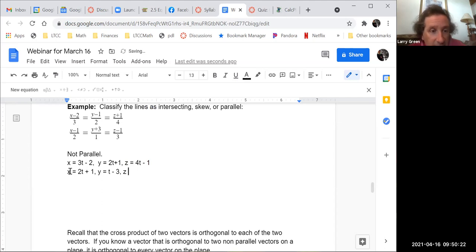And z is equal to 3t plus 1. Any questions on that so far?